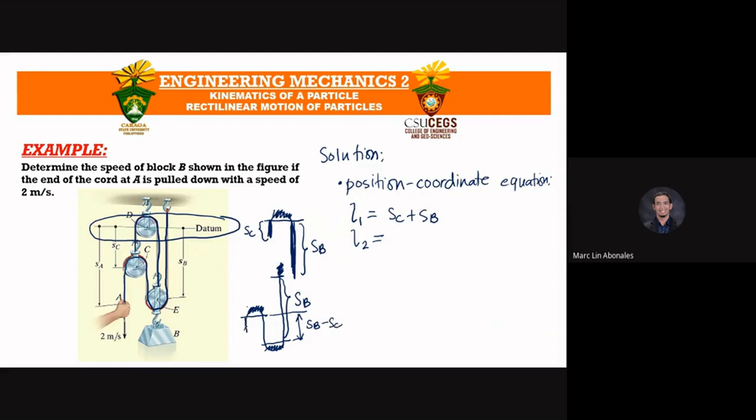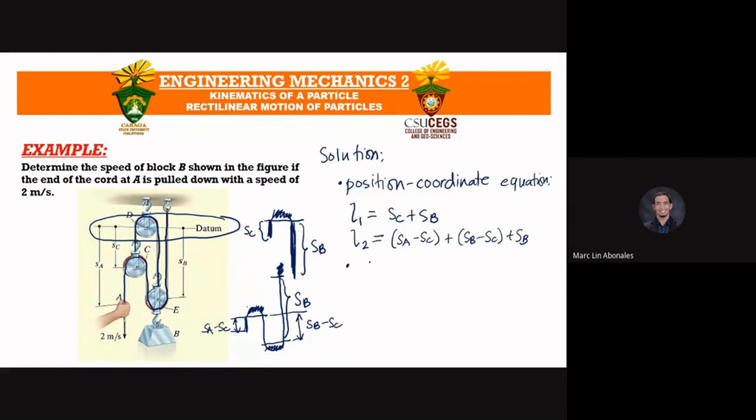And this other portion is equal to SA minus SC. So the L2 would be equal to SA minus SC plus SB minus SC plus SB.